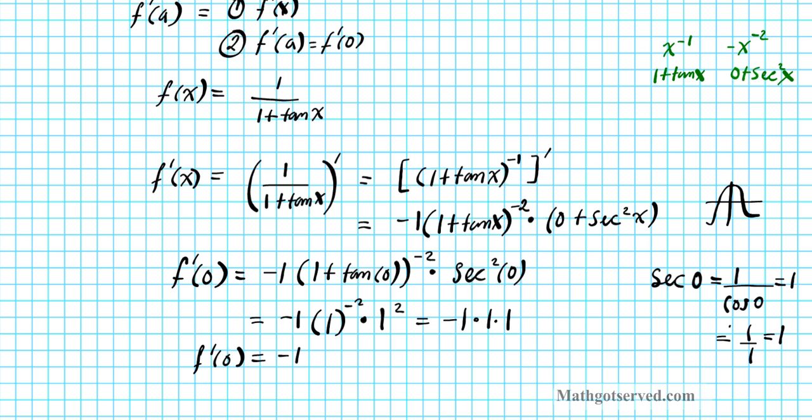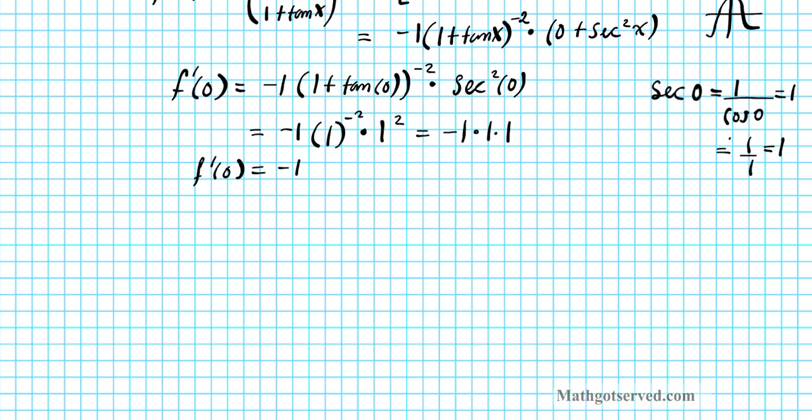So we have all the components we need to write the linearization. Okay, and remember, the linearization is just the equation of the tangent line. All right, so let me rewrite the formula again so that we can apply our results to this situation.